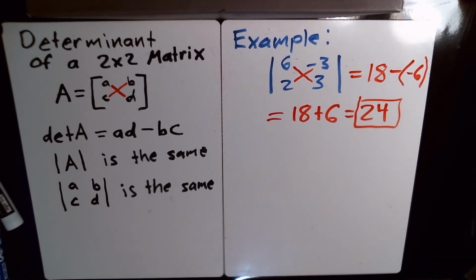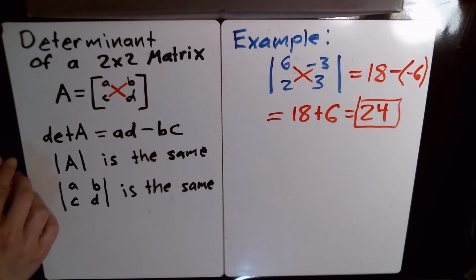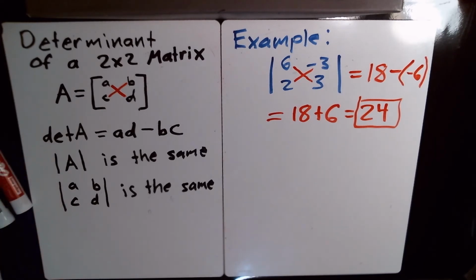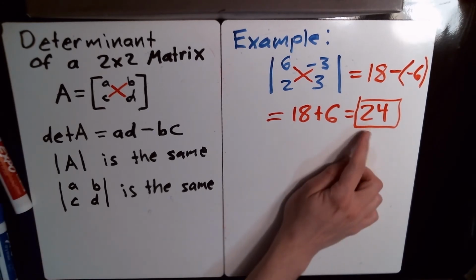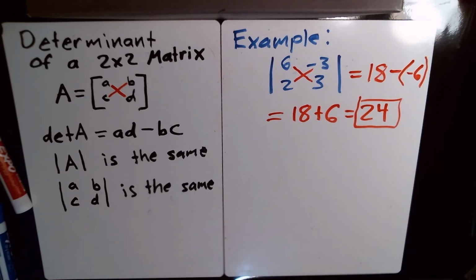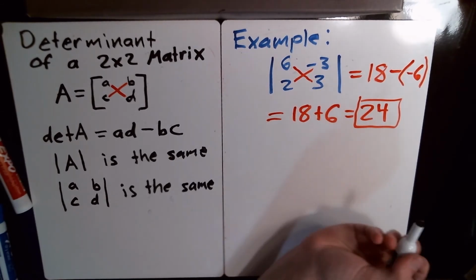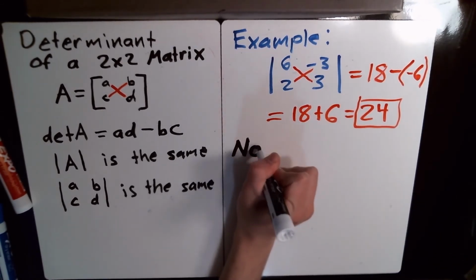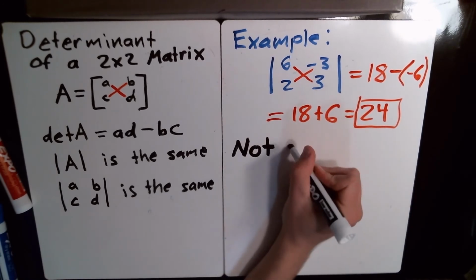Now, remember in the last video, I talked about why determinants are important in that they tell you when the matrix is invertible. So this being equal to 24 tells me it's not 0.